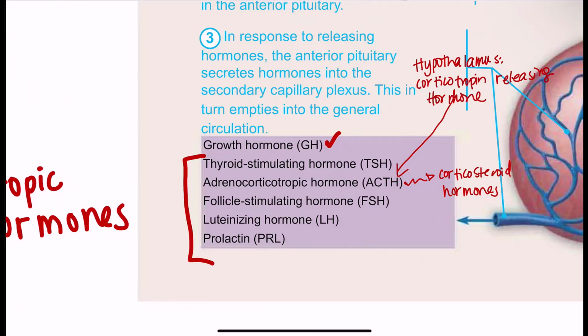Corticotropin releasing hormone. Remember that the hypothalamus can release either releasing hormones or inhibiting hormones. So the fact that this is a releasing hormone means that ACTH is encouraged to be released by the actions of CRH from the hypothalamus.